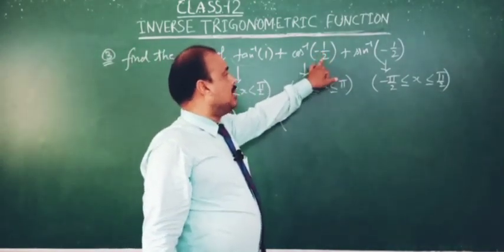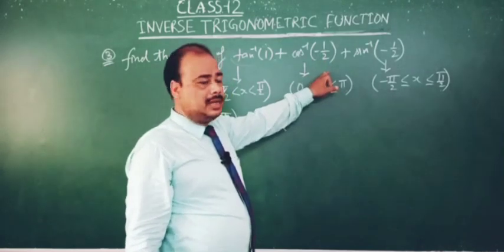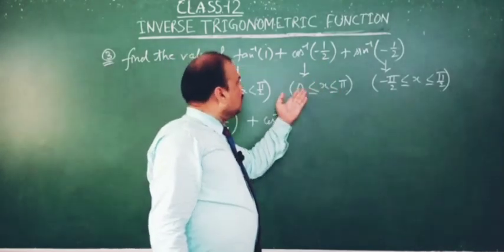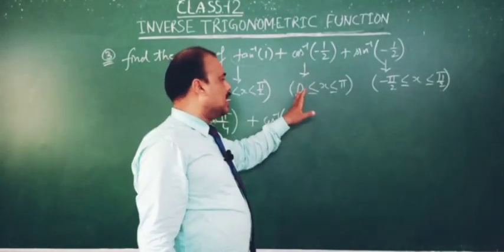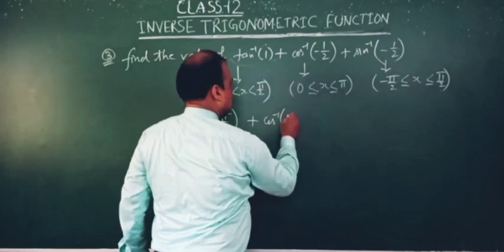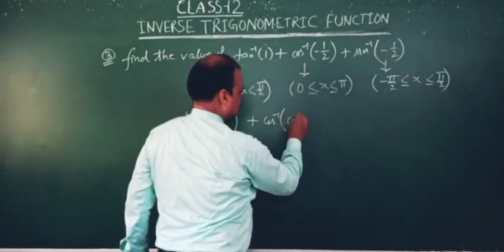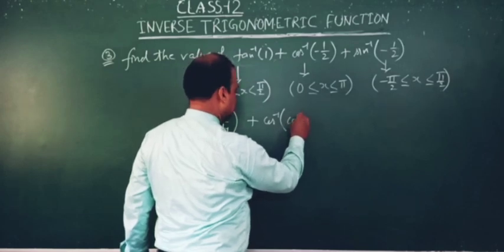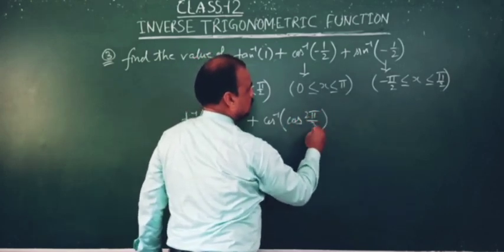Half is the value of cos pi by 3, it means cos 60. But we know that the principal value of cos inverse x lies between 0 to pi. So negative half will be replaced by cos 2 pi by 3.